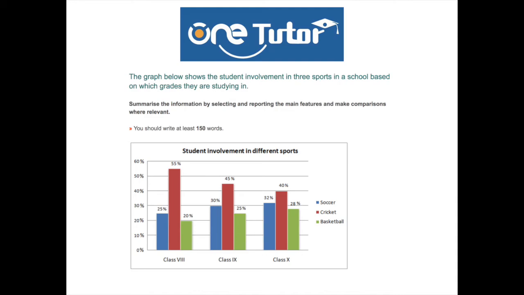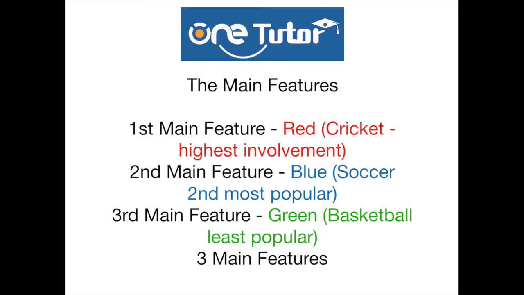And that's one of the ways that they catch you in IELTS writing. You can often fall into their trap. And you can see the language I've used here: highest involvement, second most popular, least popular. And again, that's something you're going to learn more about in later classes, but that's a really good way of using a variety of English.